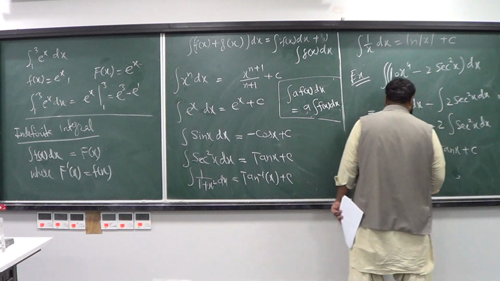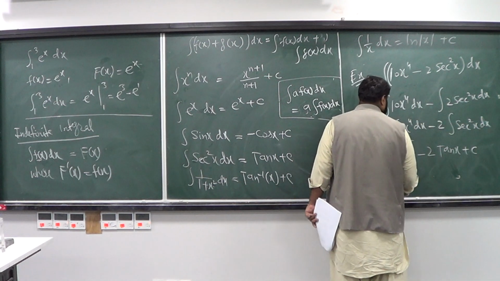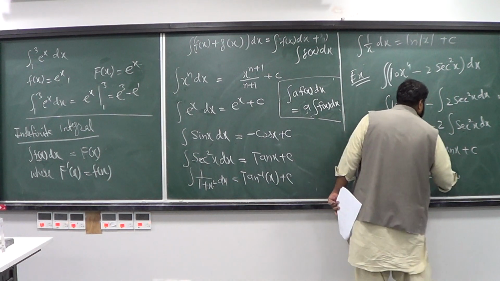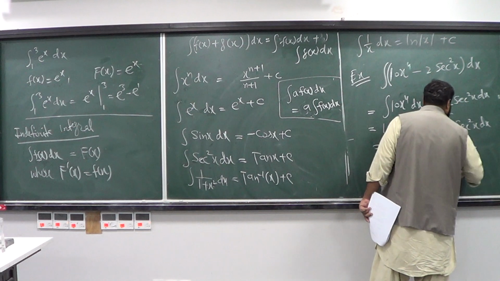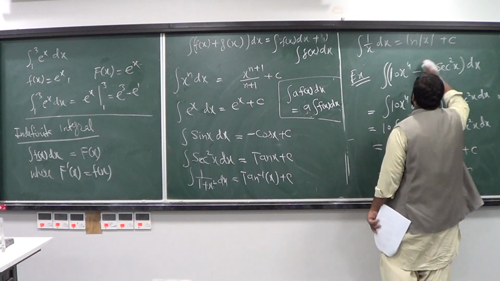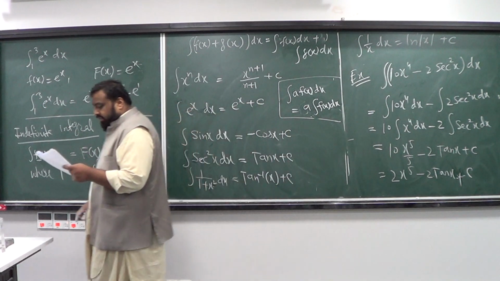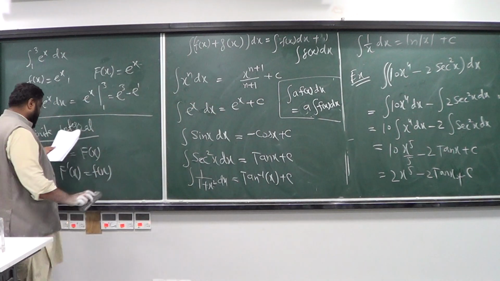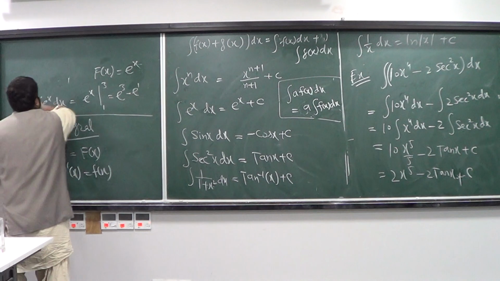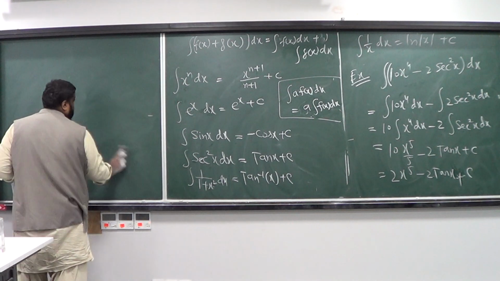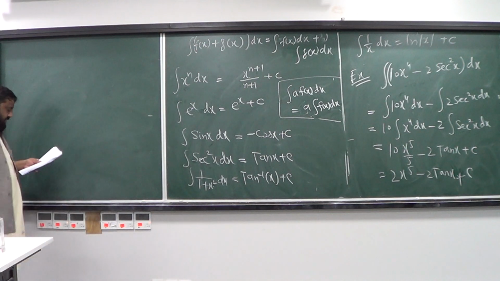So you can say this is 2x power 5 minus 2 tangent x plus constant, the antiderivative of 10x power 4 minus 2 secant square x.